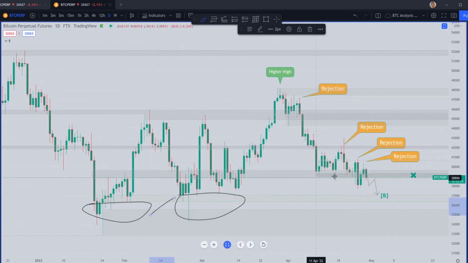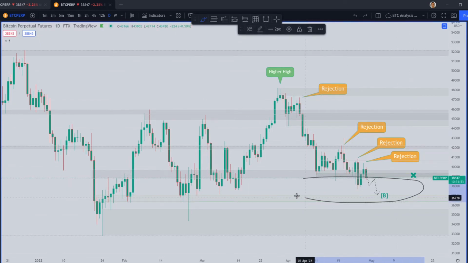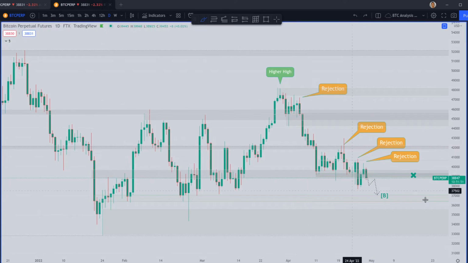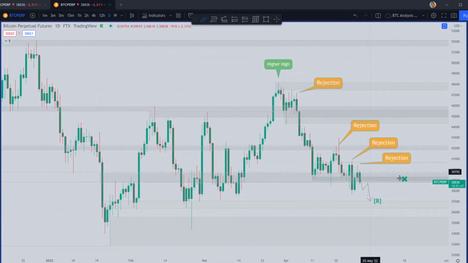And then it moved up to this level. This is what we have to keep an eye on. We hope this will be the zone where people are buying, where the bull traders are waiting. This green mark here is my buy zone.